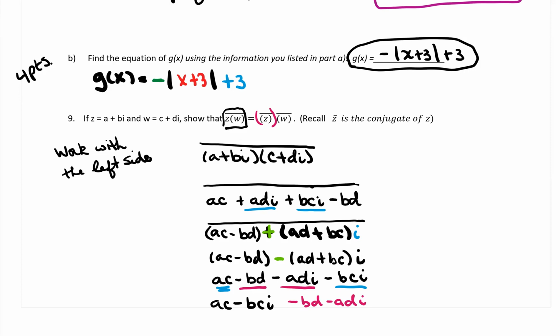Well, if we pull out a C, we have A minus BI times C. If we pull out a negative D here, then we would be left with B minus AI plus AI.